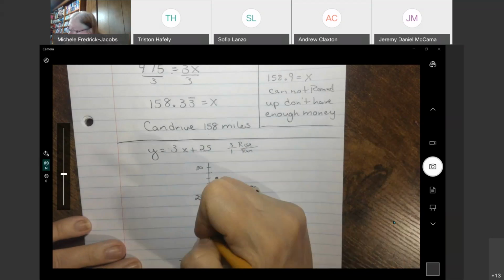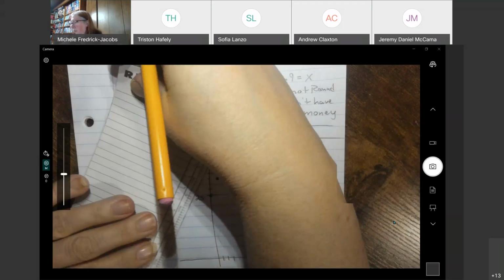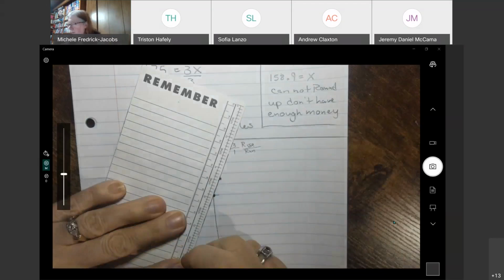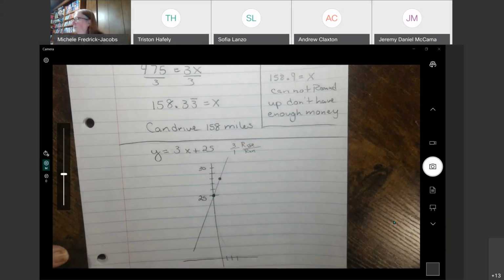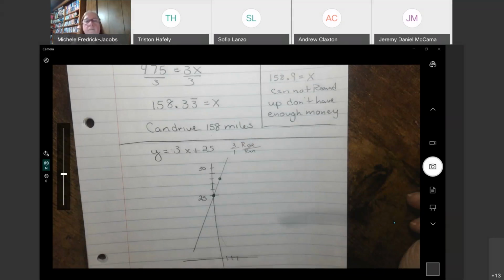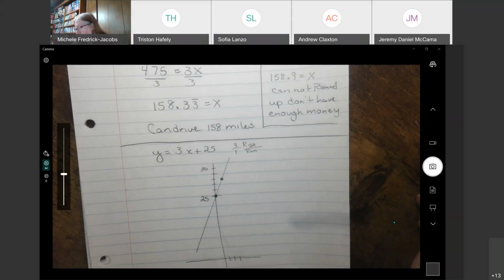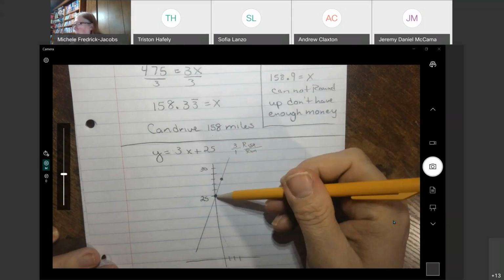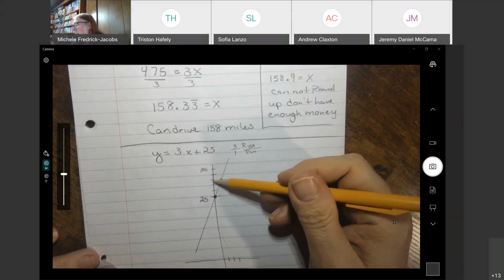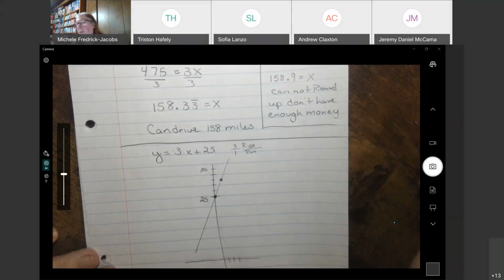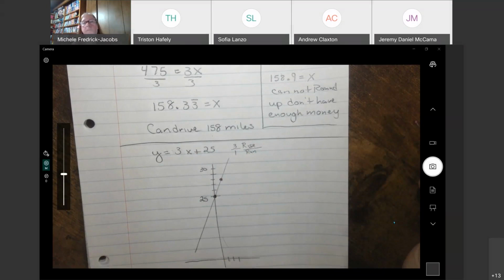And then you just draw your line. So you use your y-intercept, and then the slope is rise over run. Up 3 over 1, and draw your line. All right, it's not bad. We'll do a couple as we're going through these, we'll graph them.